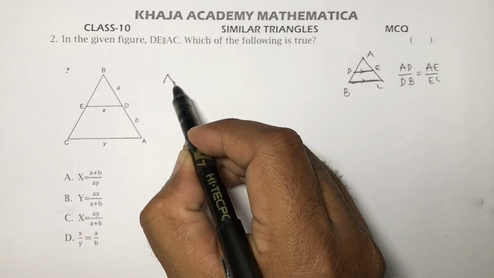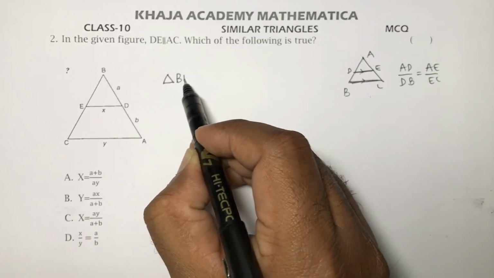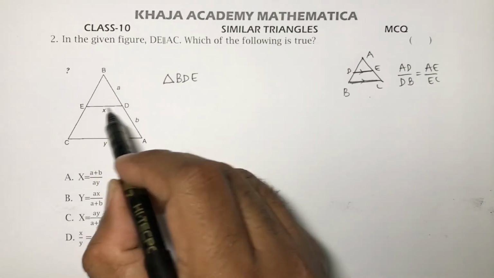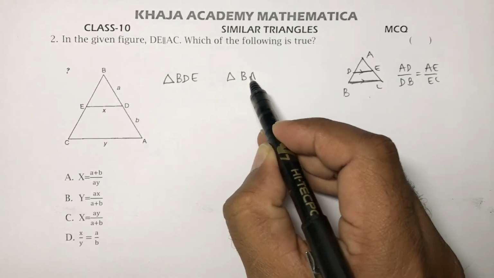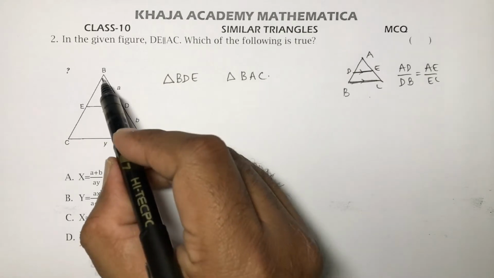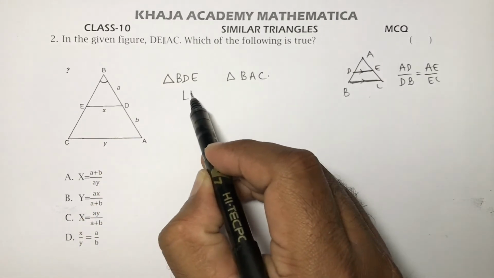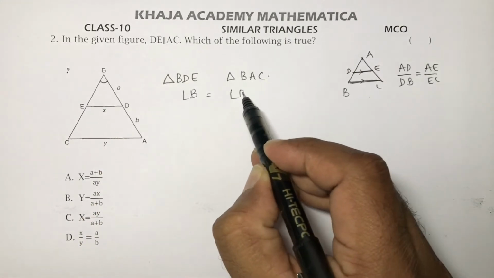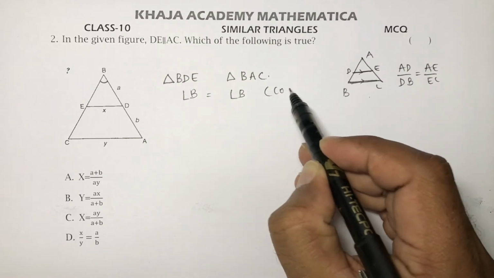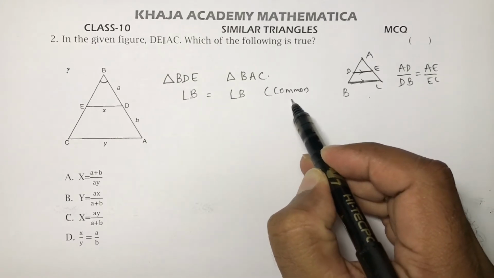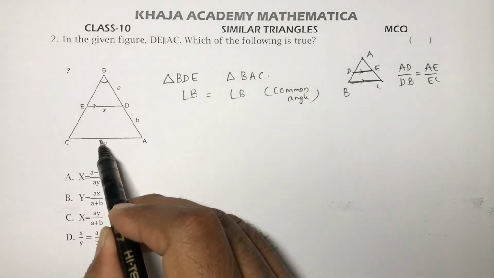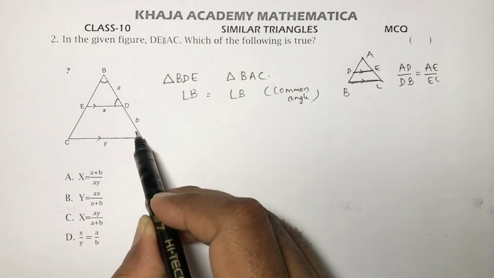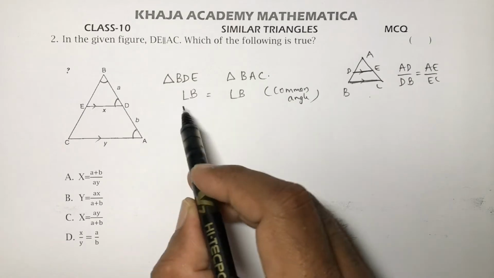Both the triangles you prove similar. So take first triangle BDE and triangle BAC. Now see, in both the triangles, angle B is common. Next, as these two lines are parallel, this angle and this angle will be equal because corresponding.